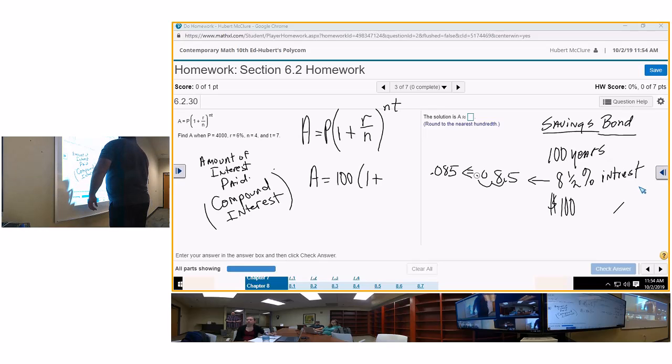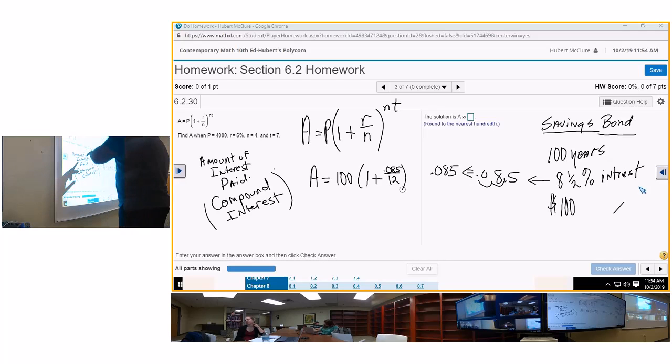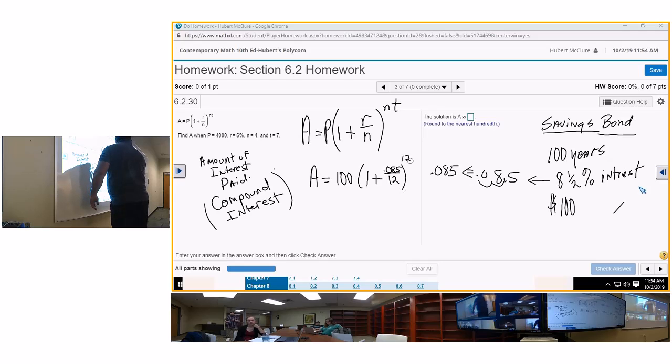So that's 0.085 divided by N, which is equal to 12 because there's 12 months in a year. And here they put N as 4. That means they paid every 4 months. But here, for N, 12 times what? 100.